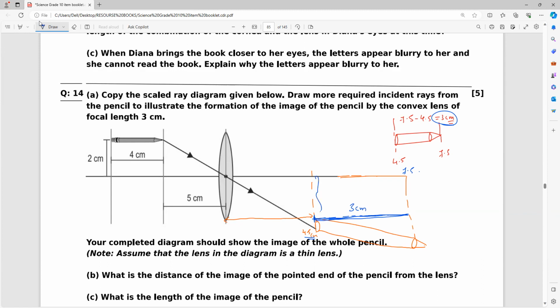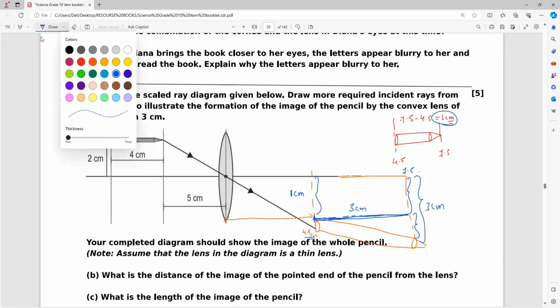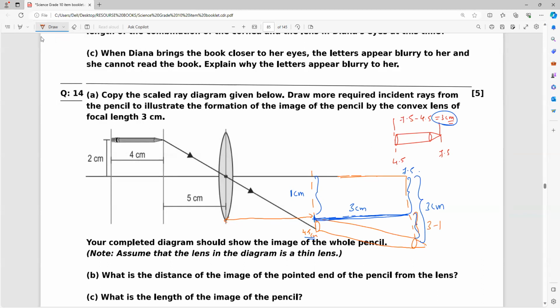And here we got the height of the image as 1 centimeter, and this height is totally 3 centimeter. So if I remove it, what is this length? 3 centimeters minus 1, which equals how many centimeters? 2 centimeters. Clear, everybody?